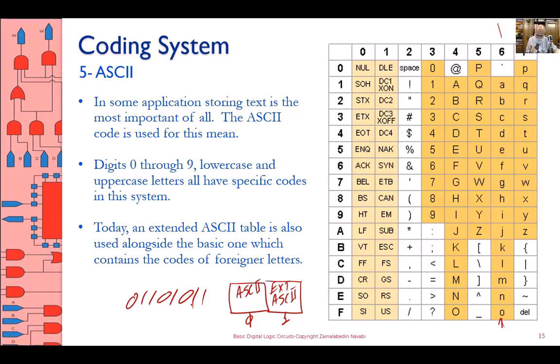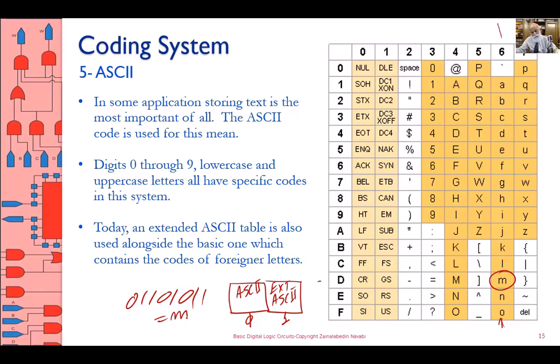And then it's 1011. 1011 is 13. 13 is D, and therefore this is little m. Okay?